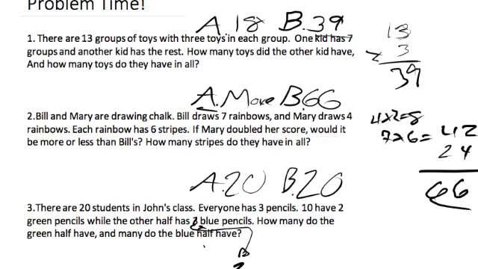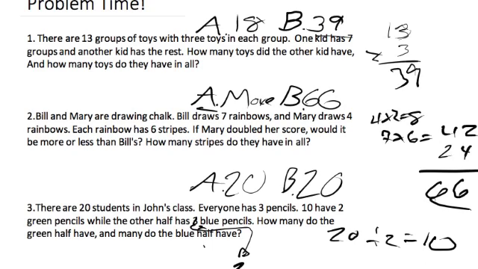So the other half has 2 blue pencils. How many do the green half have, and how many do the blue half have? So this is pretty easy to do, because it's just splitting 20 in half. And that's 10.